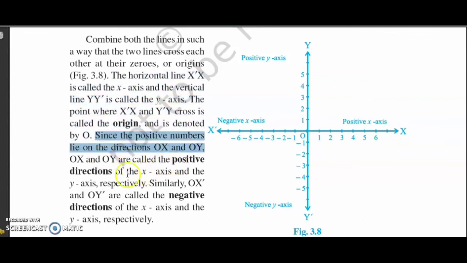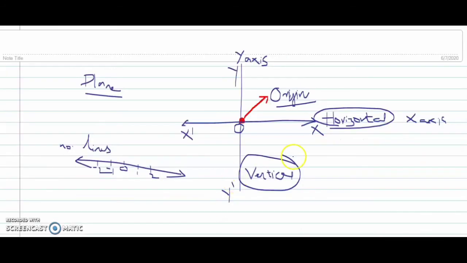The right side of O, that is OX, and the upward direction of O are considered positive. The right side is positive and the left side is negative as per our number line.